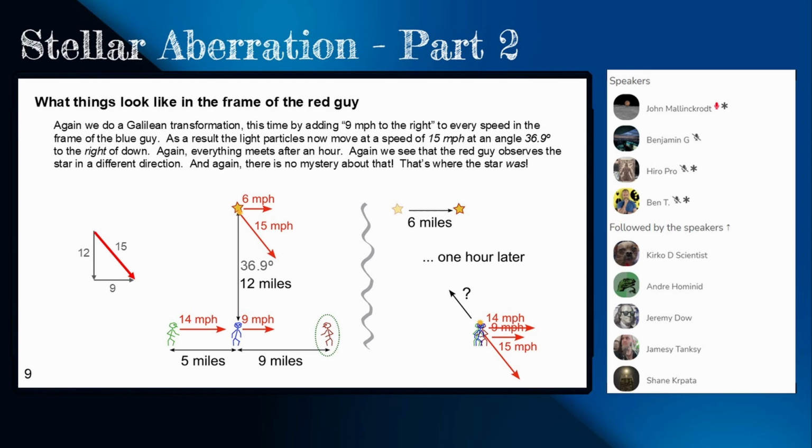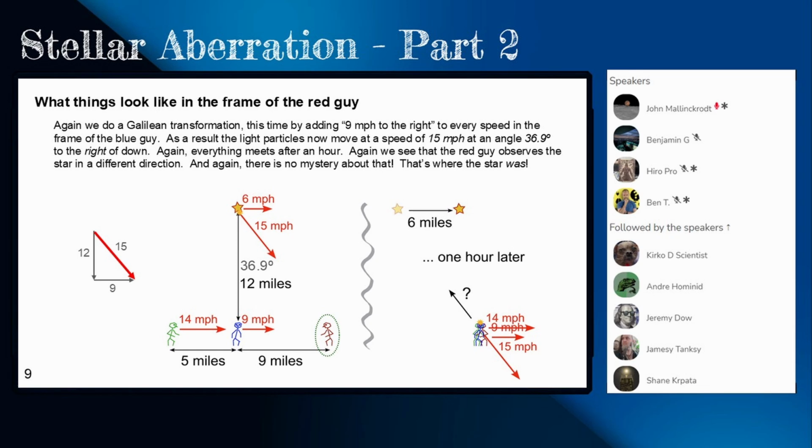I chose those numbers for a good reason, too. And so the star is 15 miles away from the red guy. And if I add the 9 miles per hour to the left to the 12 miles per hour down, as I've shown in that vector diagram over there to the left, I get that the light is traveling at 15 miles per hour directly toward the red guy.